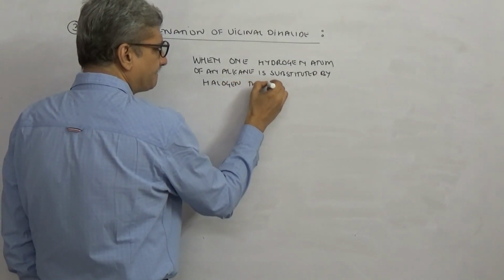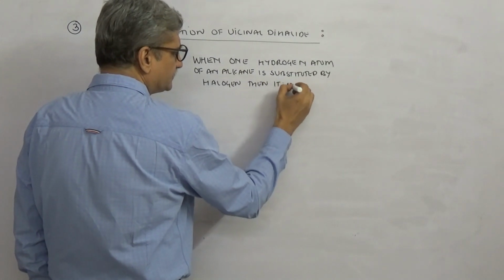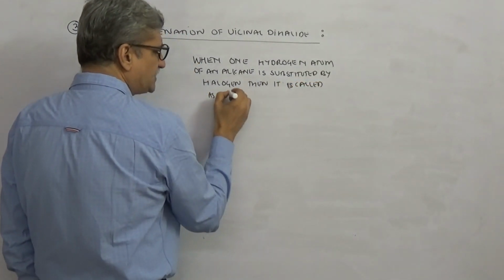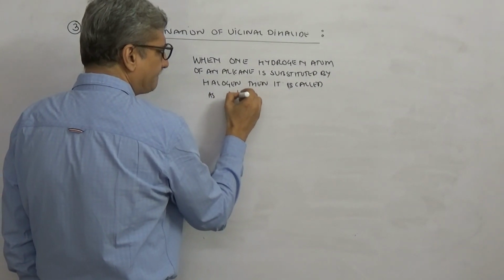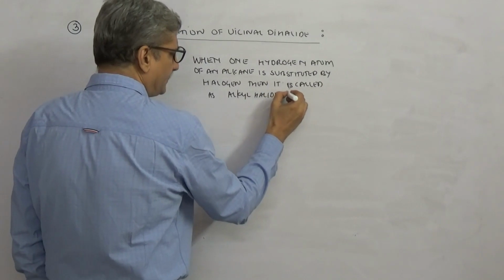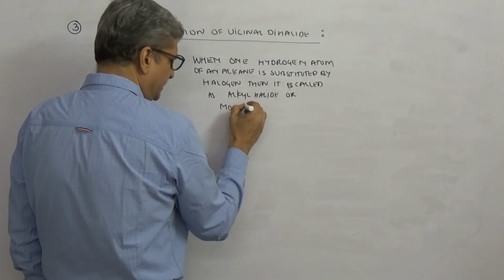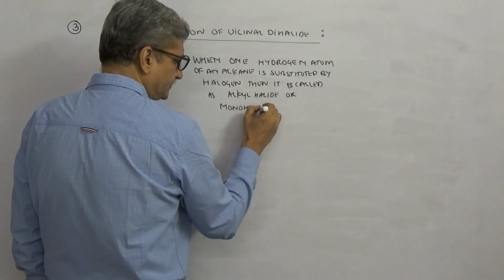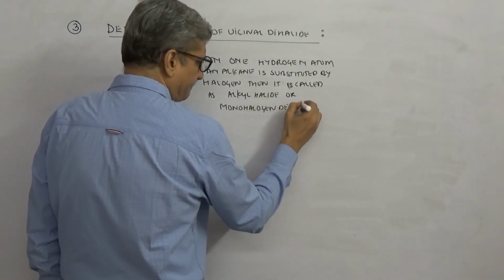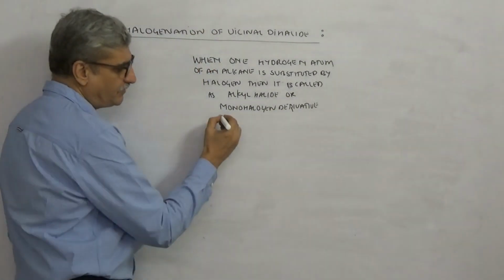then it is called an alkyl halide, or also a monohalogen derivative. So RX is the general formula.